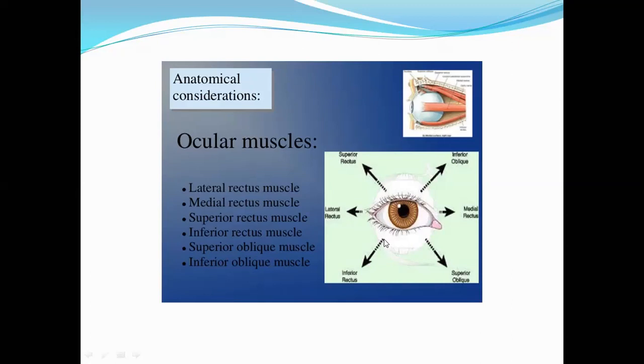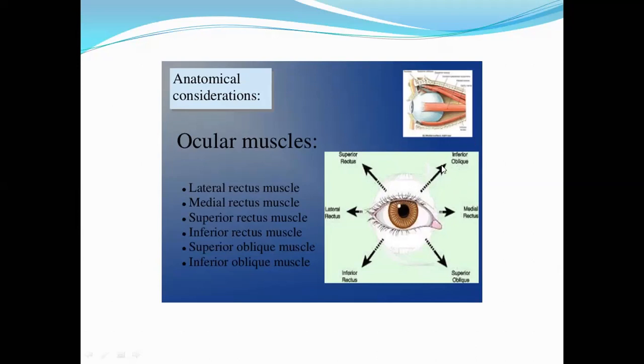But we have the oblique muscles, which lie oblique to the globe of the eye. For example, here we can see the superior oblique muscle, and the inferior oblique muscle is not visible in this slide.